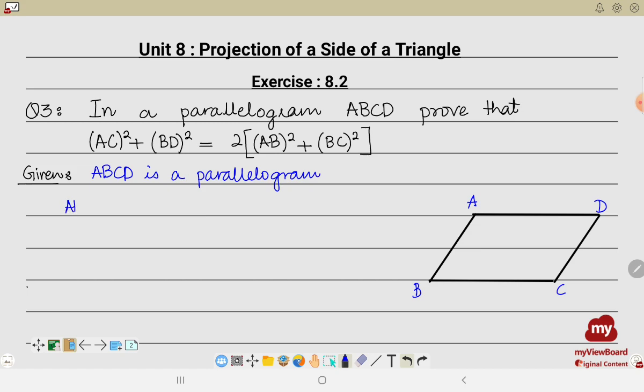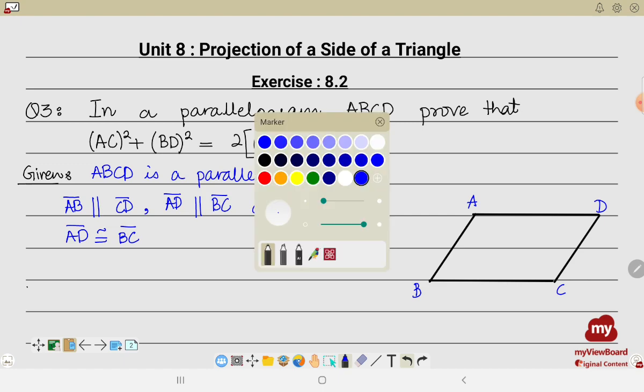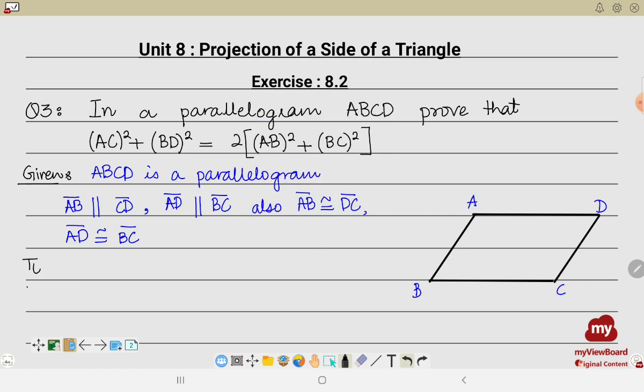So side AB is parallel to side CD and side AD is parallel to side BC. Also, AB is congruent to DC and AD is congruent to BC, right? And then we are supposed to write what we have to prove.